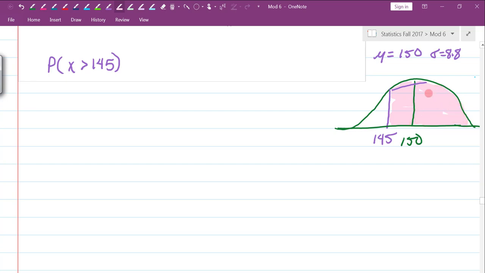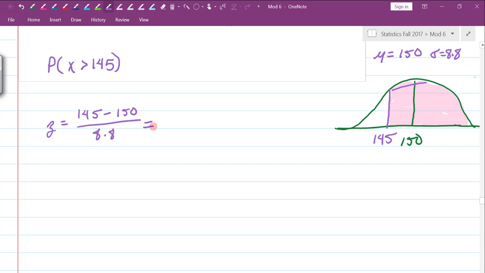Okay, so we're shading in over here the area of interest. Now what we need to do is we need to go ahead and standardize this value. So we know that Z is equal to X, which is 145, minus our mean, which is 150, divided by the standard deviation, which is 8.8.